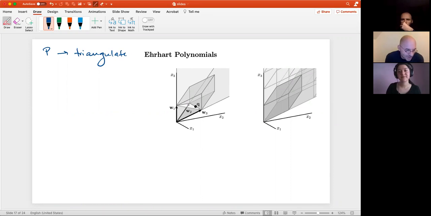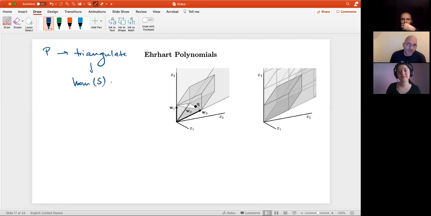So if I am in dimension D, I want to write my polytope as a union of polytopes each having D plus 1 vertices. And so now I have some simplex S, and I take the hom over the simplex S, correct? So this is a cone.